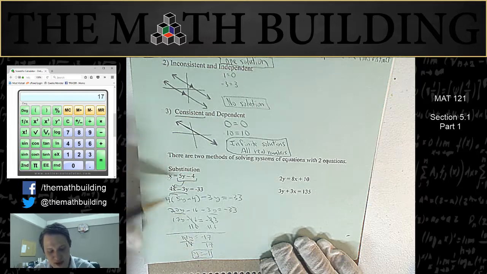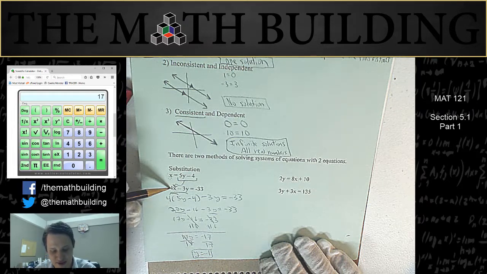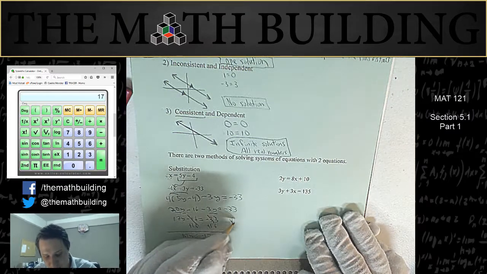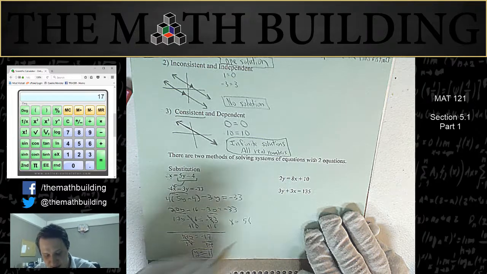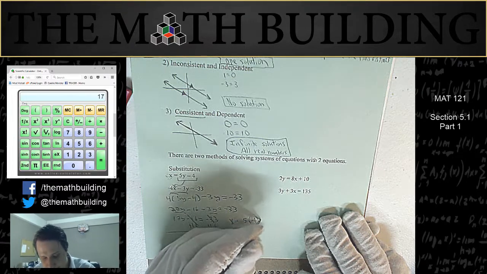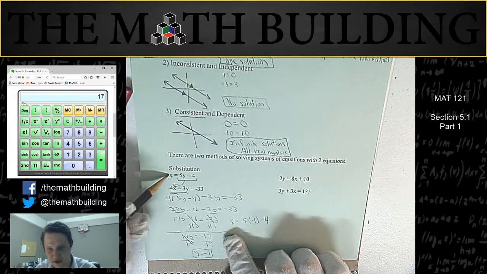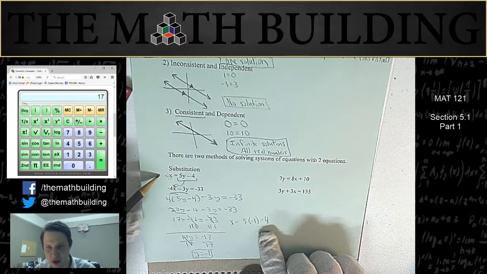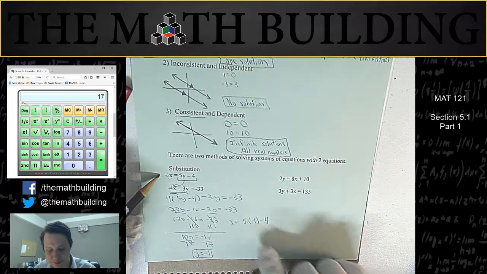Now what's nice is we can go back and plug it into either equation, and we'll get the answer. So let's pick this equation since it's already solved for x. So x is equal to 5 times, now we substitute negative 1 in for y. See how this equation is the same as the top equation, except I've replaced y with negative 1.